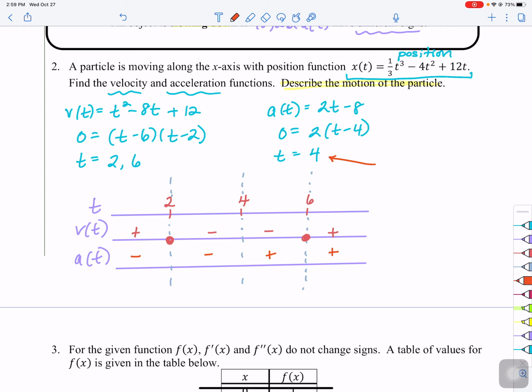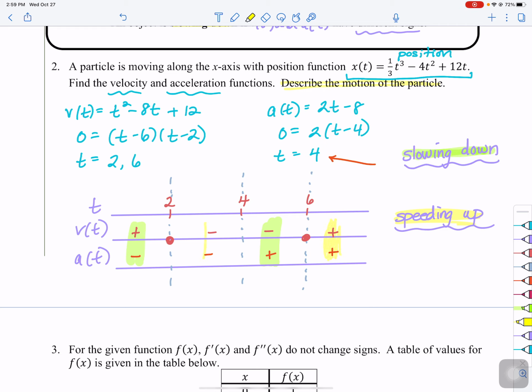So how could we describe the particle slowing down and speeding up? Well, slowing down is where these signs are different, and speeding up is where the acceleration and the velocity have the same signs.